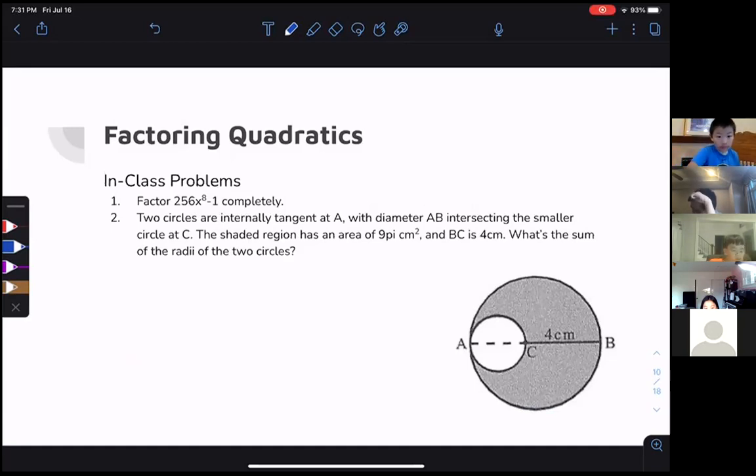And number 2 is starting to get into variable problems that turn into quadratics, solving quadratics. So just use variables to set up and find equations for the radii, and then you'll get a quadratic, and then you'll be able to solve it.